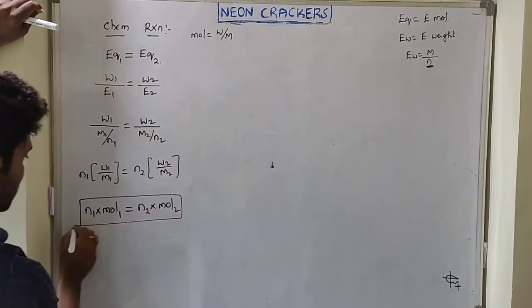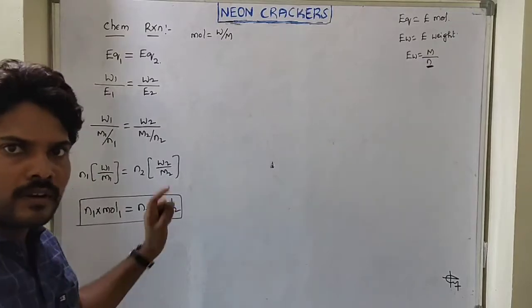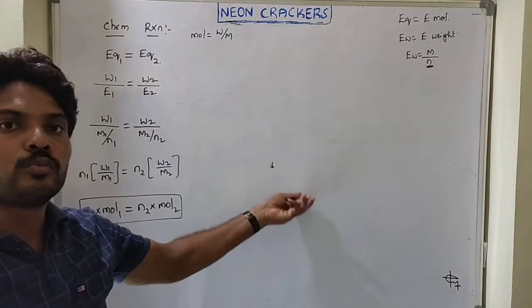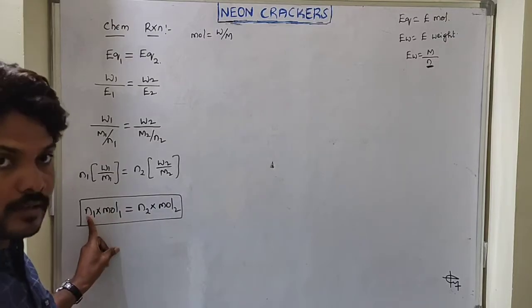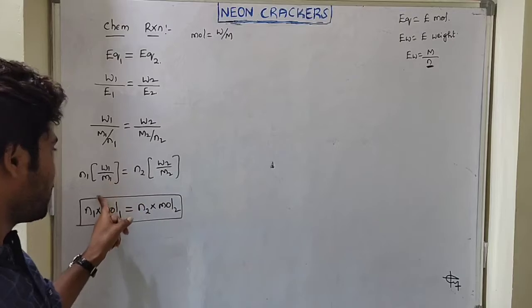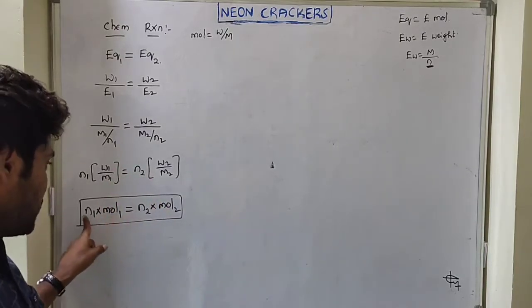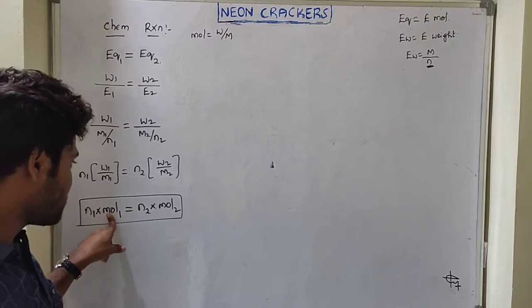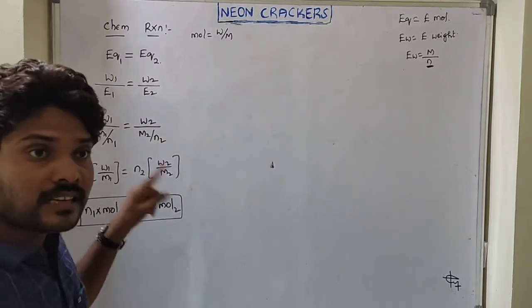In a chemical reaction, moles are mentioned: 1 mole of one reactant reacts with 2 moles of another reactant. Then at this point you must know the N factor. Because if you know the N factor, you can handle the titration reaction, either redox or neutralization: N1 into moles of the first substance equals N2 into moles of the second substance.